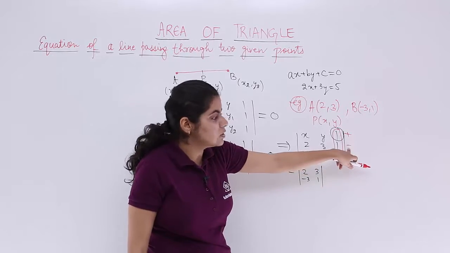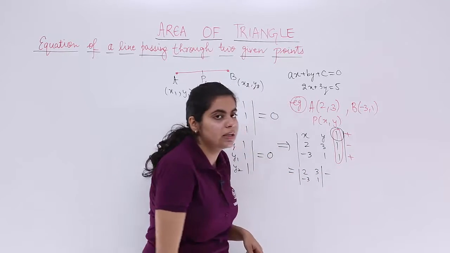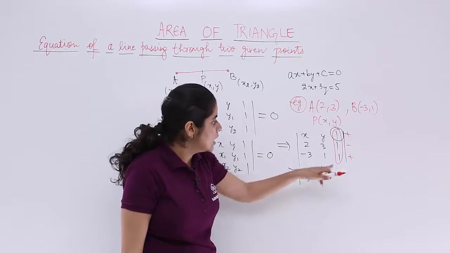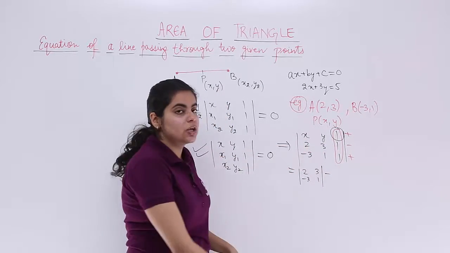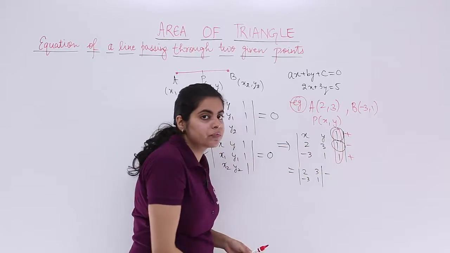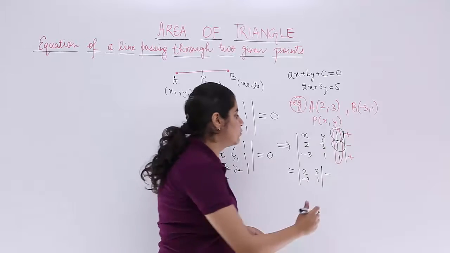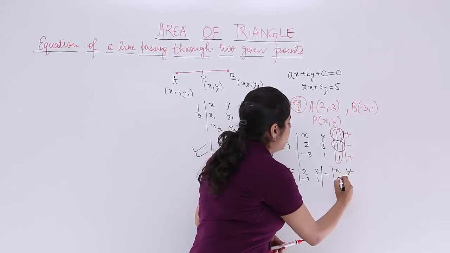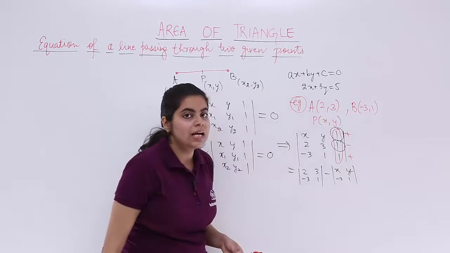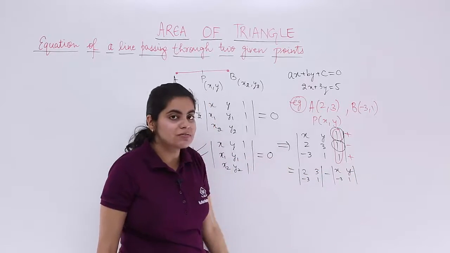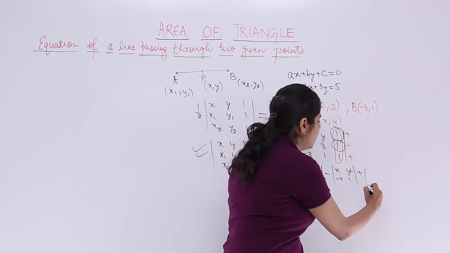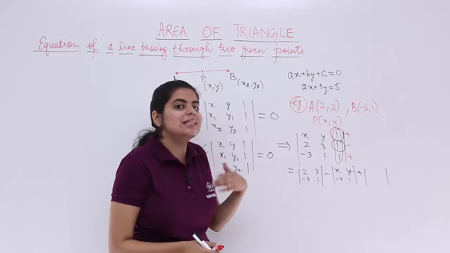Then take into consideration this minus sign, minus 1 means just minus. Ignore the second row and the third column. Left with what? It is x, y, -3, 1. Last but not the least, you have plus 1, or only plus, because 1 multiplied by something is that thing only.